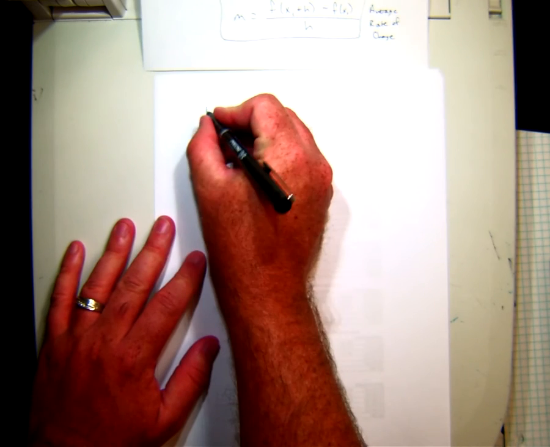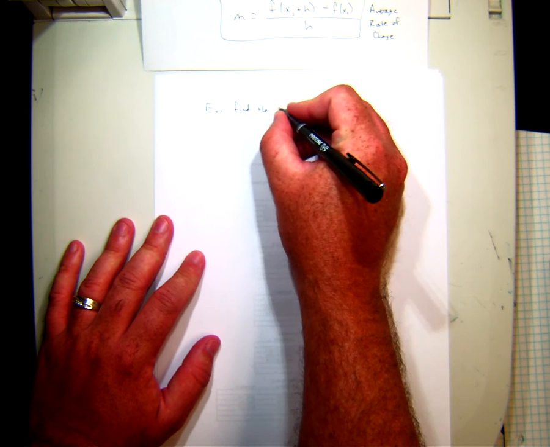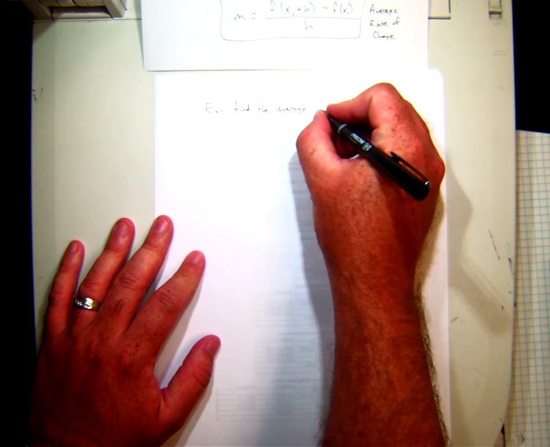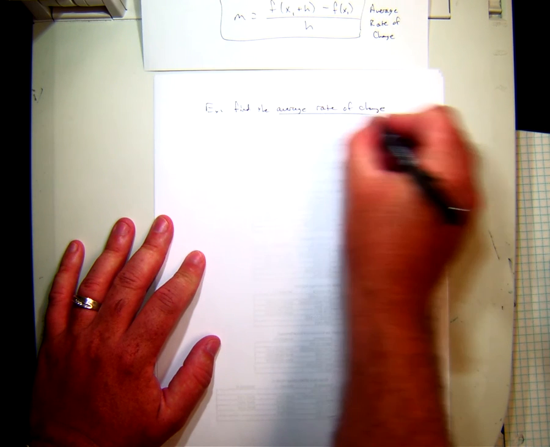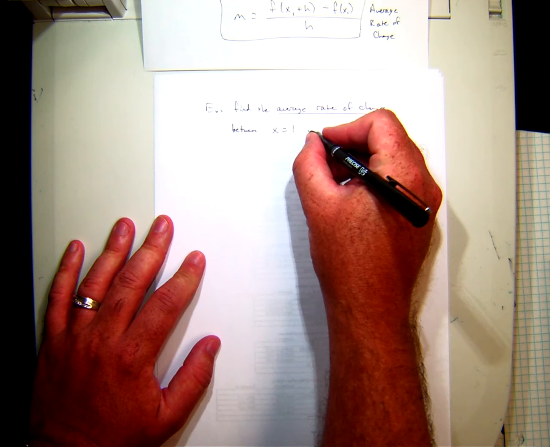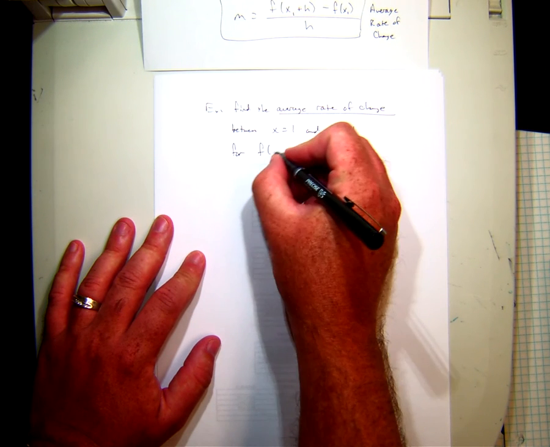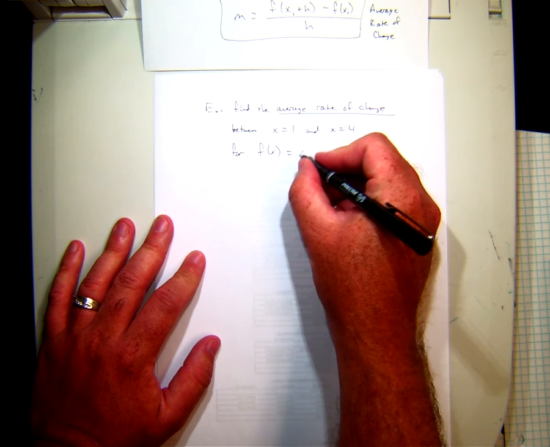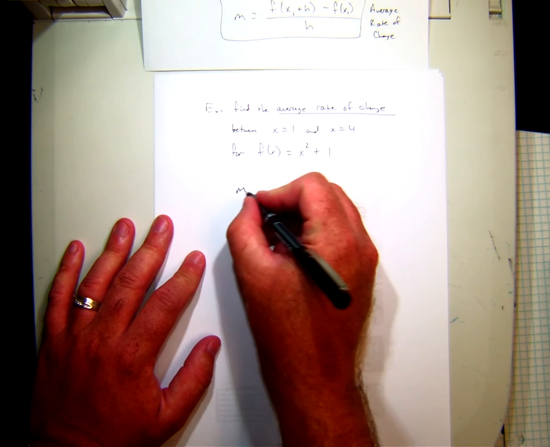So here's an example. Find the average rate of change between x equals 1 and x equals 4 for the function f of x equals x squared plus 1. So what we do is we write down our formula.